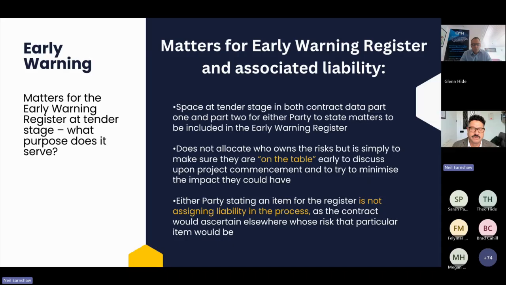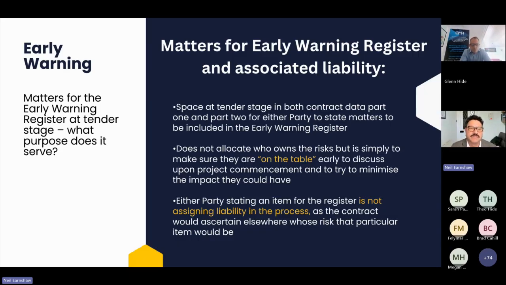So the idea is that we're doing some pre-contract risk management. And you'll see there's a reciprocal entry in contract data part 1 and contract data part 2, where the client and the contractor can give each other that pre-contract early warning of anything they think might compromise performance of the contract from a time, cost, or quality perspective.